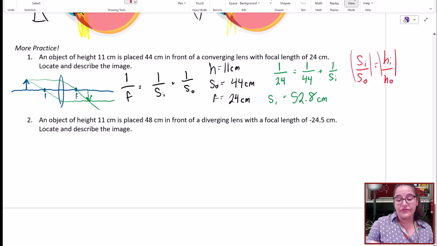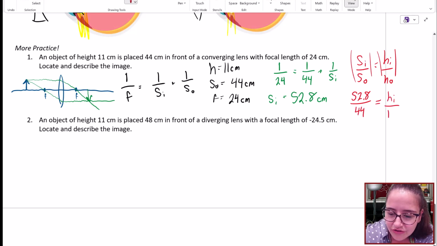And we use absolute value signs for these ones. So I got 52.8 over 44 equals the height of the image over 11. And so 52.8 times 11 divided by 44 gives me 13.2 centimeters.